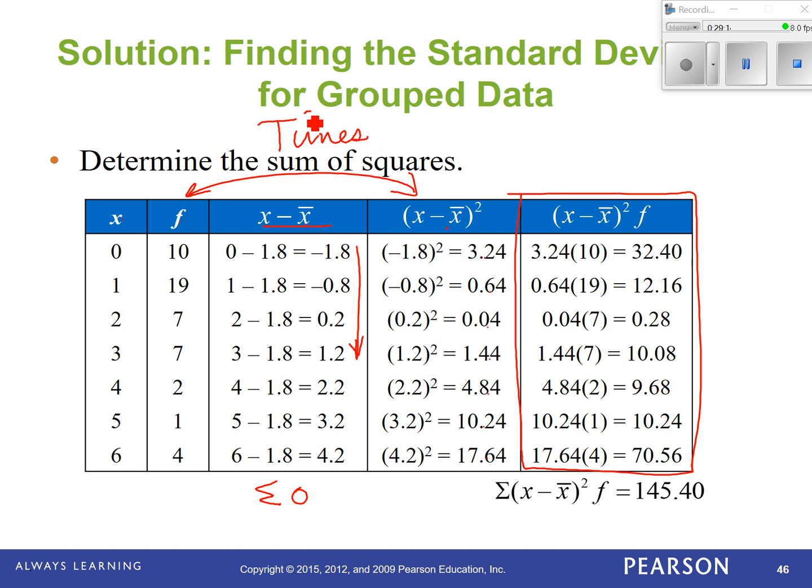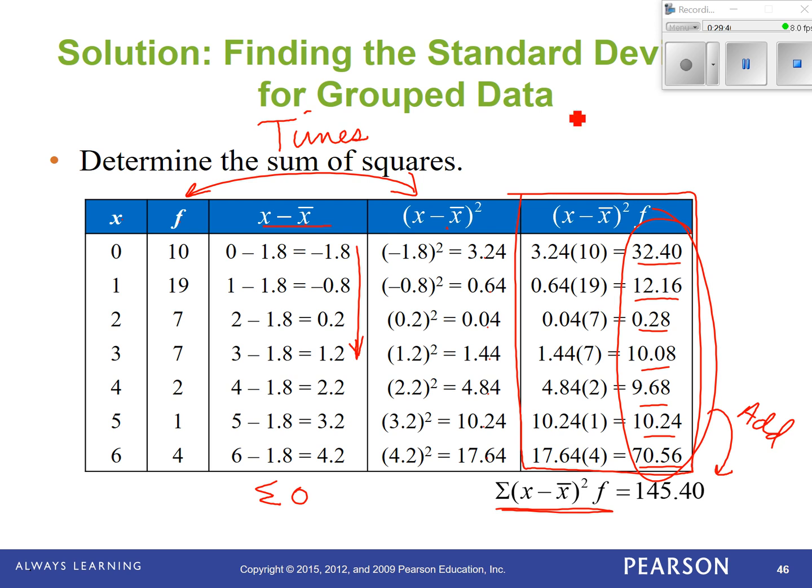And that's going to give us these numbers. Now all this whole thing here just means we take all of those and we add them up. Once we add them all up, we get 145.4.